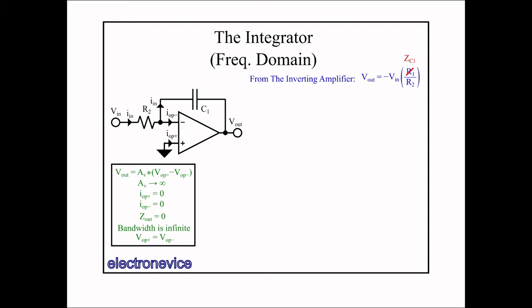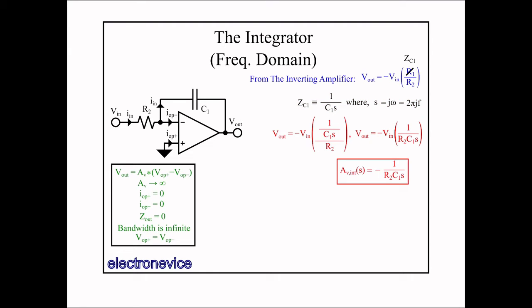We will call this impedance ZC1. The impedance of capacitor C1 is 1 over C1s, where s is the Laplace transform variable we use when discussing frequency responses, equivalent to j omega or 2 pi jf. Substituting this into the equation from the purely resistive inverting amplifier and simplifying, we get a gain of negative 1 over R2 C1s. This is a pole at zero frequency.